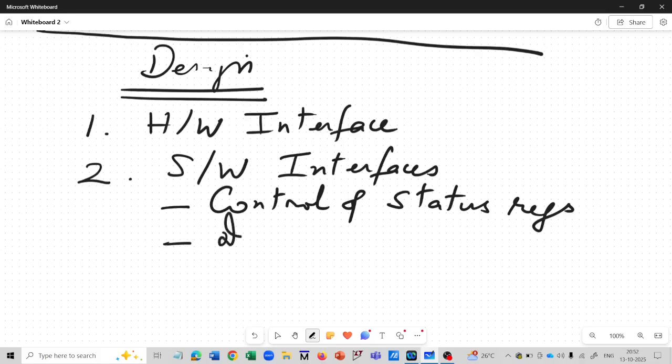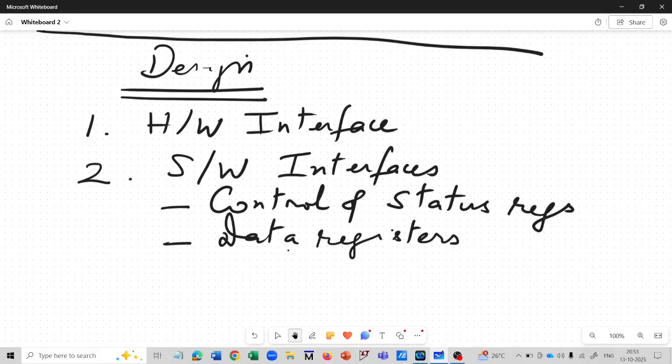Then typically you will have data registers. Data registers hold the content that is transferred from a device. For instance, if it's a serial device, like a serial port, then the serial data received from the device is converted into parallel form and stored in a data register for the processor to retrieve later. Or the register may consist of a FIFO, where several words of data are stored for the processor to retrieve later.